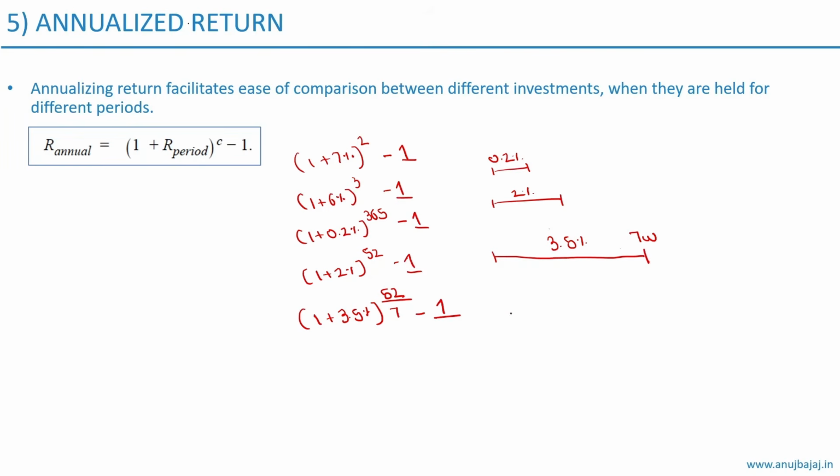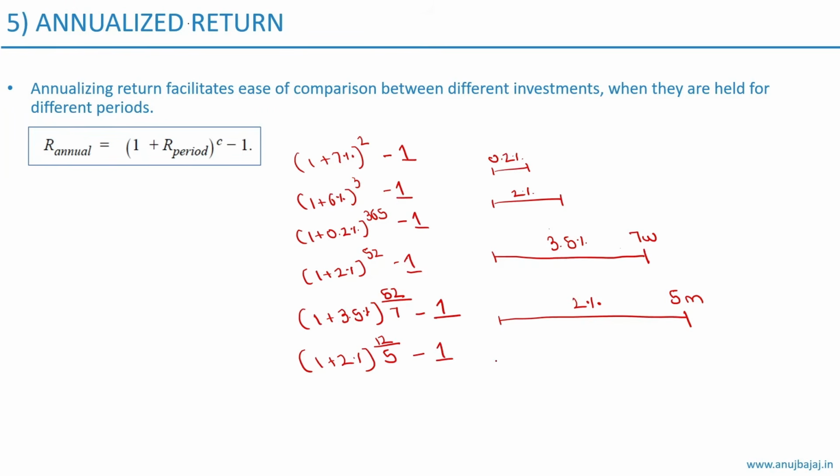Similarly, if I held an investment for say a 5-month period and I earned 2% during the 5-month period, then the annualized return will be 1 plus 2% raised to 12 divided by 5 minus 1.